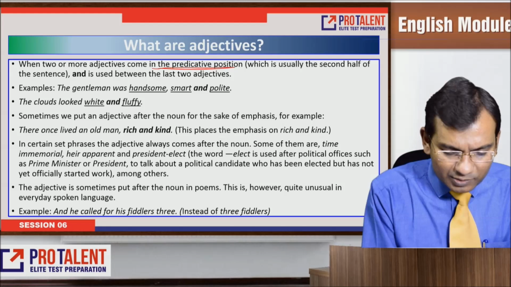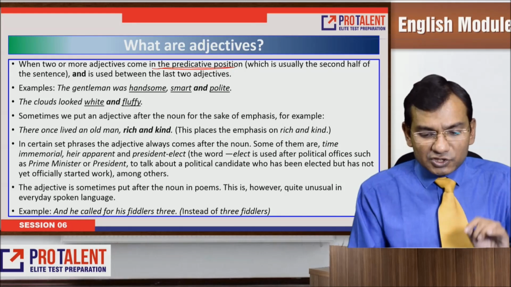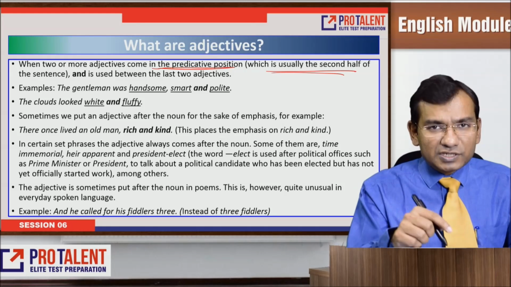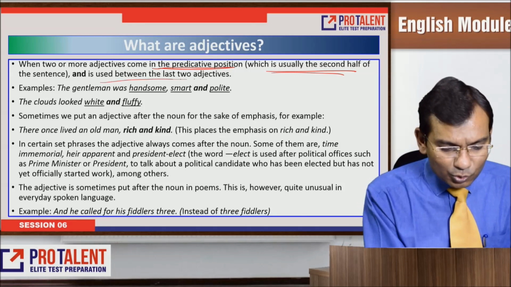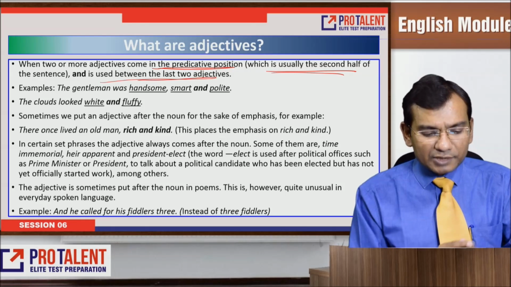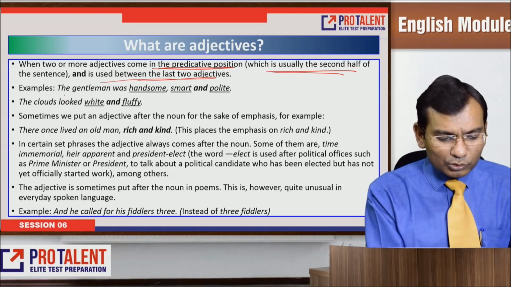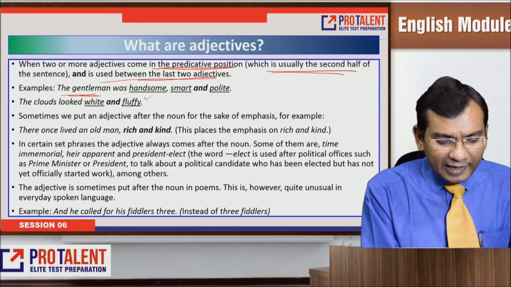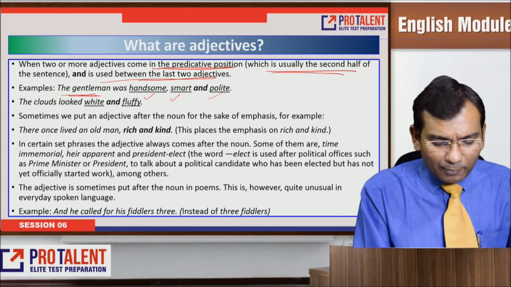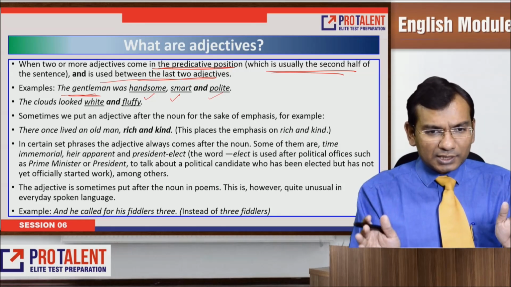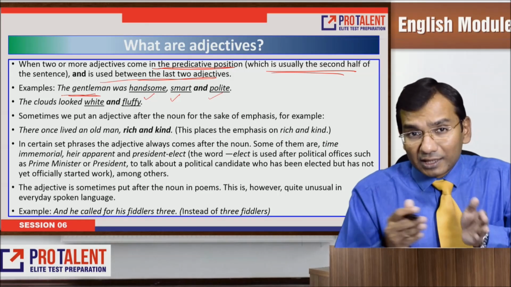When two or more adjectives are coming in a predicative position. Now what is the meaning of predicative position? Which is generally in the second half of the sentence and is used between the last two adjectives. For example, the gentleman was... अगर मैंने इसको यूज किया होता, gentleman के पहले handsome, smart, polite gentleman चल सकता था, but I am using them at the last.